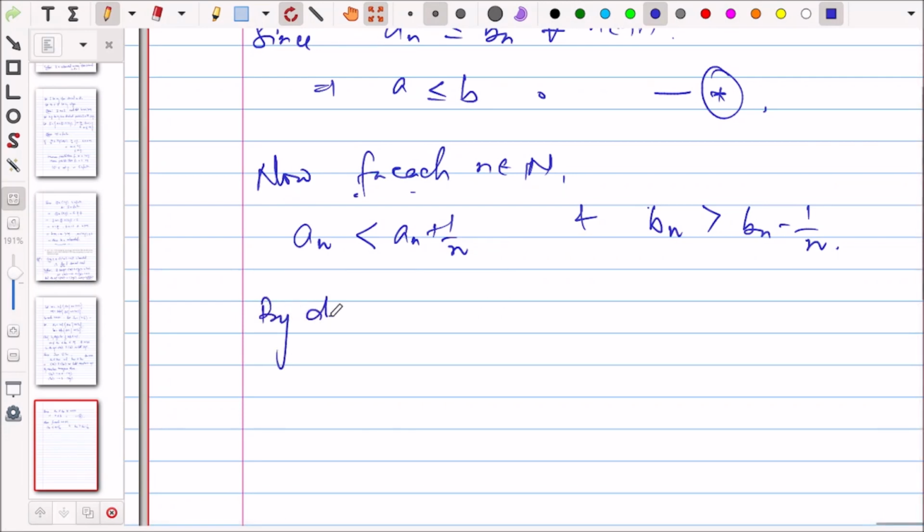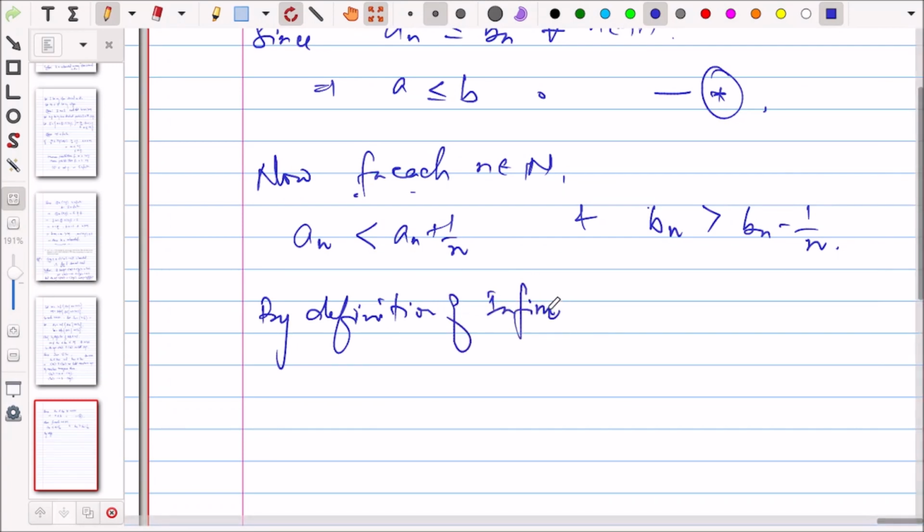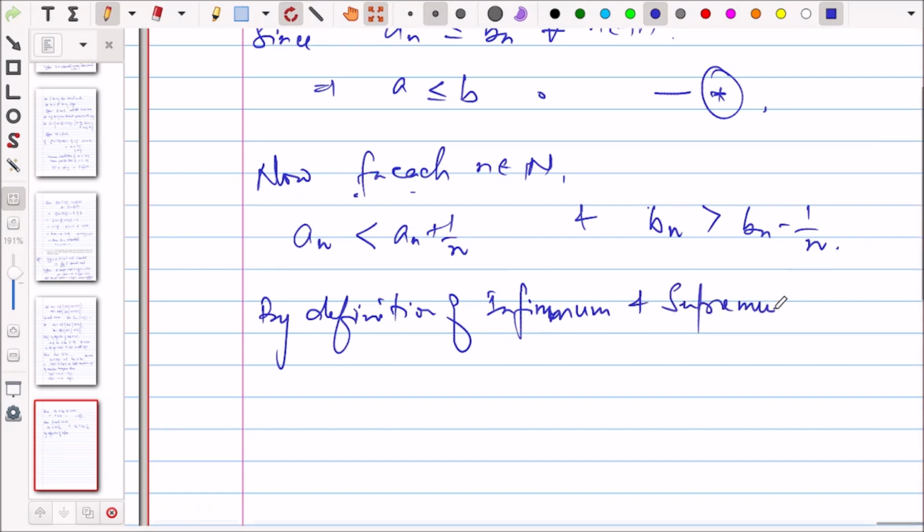So then by definition of infimum and supremum, this number is greater than the infimum, so there will exist something which is smaller than this.